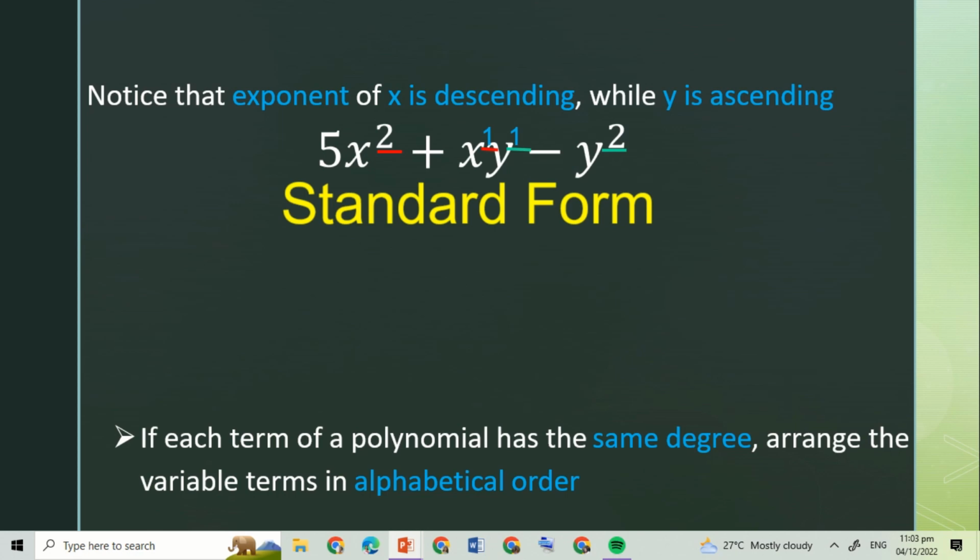So you should also see to it that if there are two variables, the exponent of the first variable in alphabetical order should be descending, and the exponent of the second variable should be in ascending order. That's it.